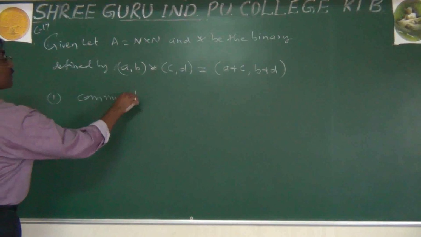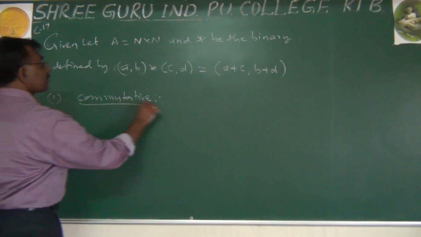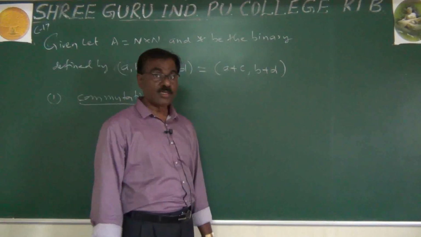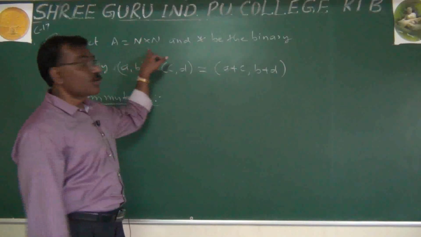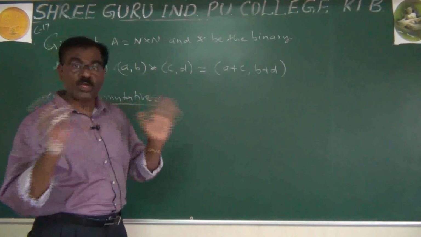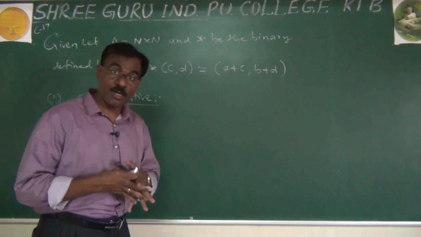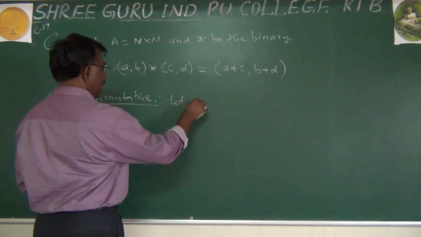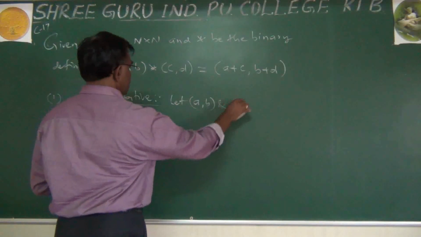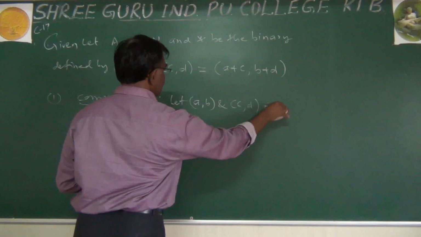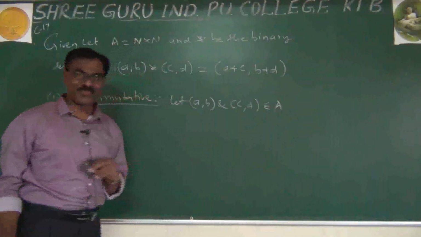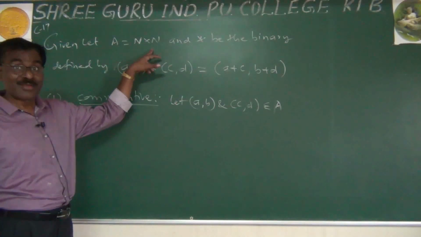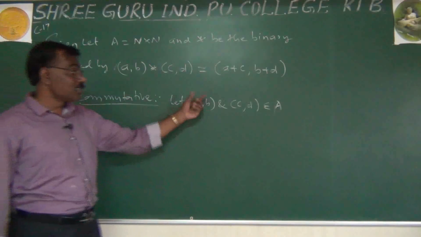For commutative, there are usually two elements, but here A equal to N cross N means each element is an ordered pair. So we should take two ordered pairs: let A comma B and C comma D belong to A. It is an ordered pair, one element, because of N cross N.